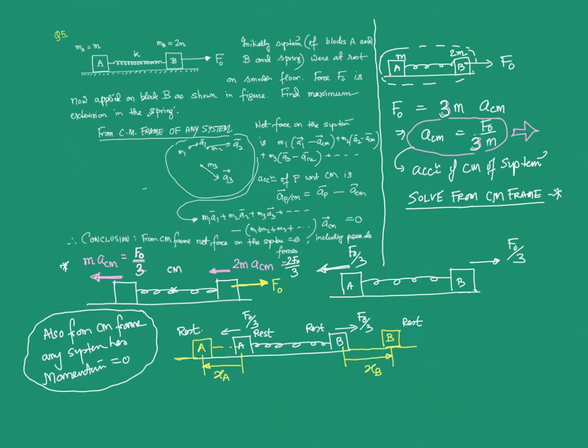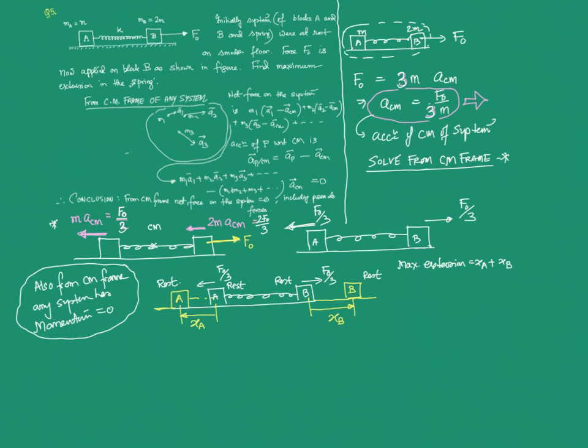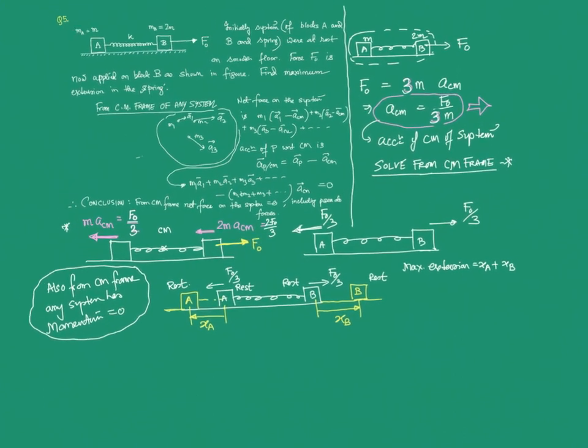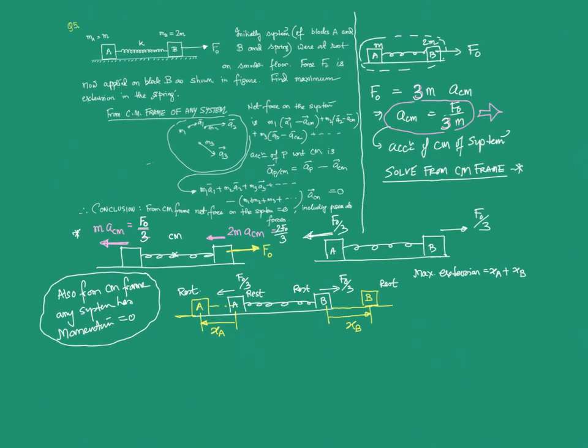So the maximum extension is equal to XA plus XB. Okay, so let's work it out.